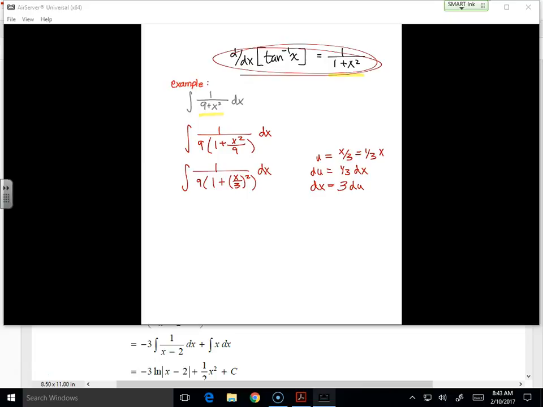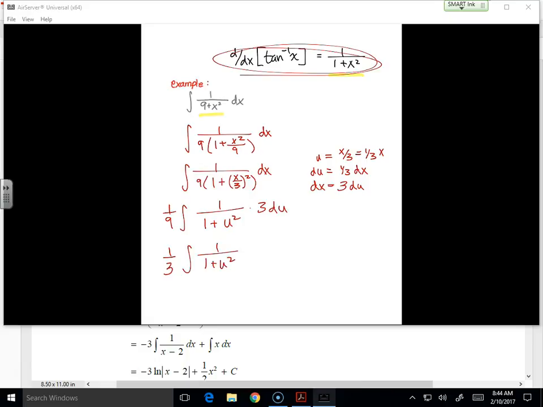Now it's time to plug in. What can I do with 1/9? Yeah, I can pull it out. 1 over 1 plus u squared times 3 du, right? The 3 can come out to join the 1/9 and I'll get 1/3.